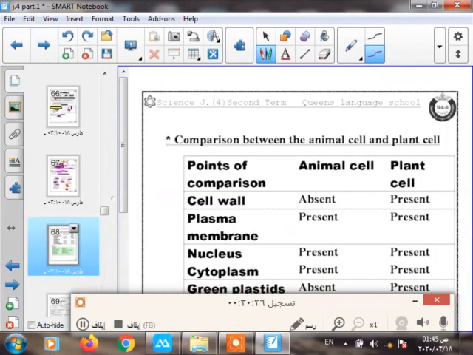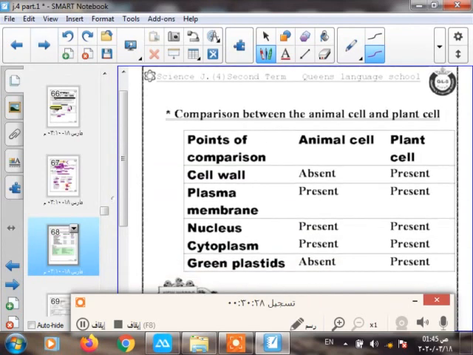Now we have a comparison between animal and plant cells, according to these points: cell wall, plasma membrane, nucleus, cytoplasm, green plastids. Is there a difference between animal and plant cells? Yes. Is the cell wall present in the animal cell?